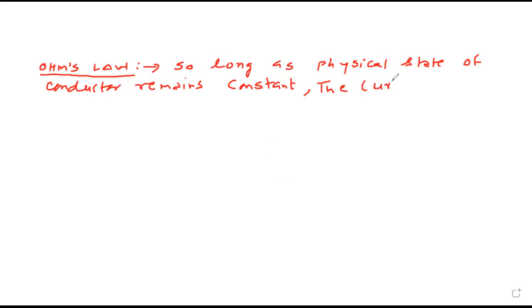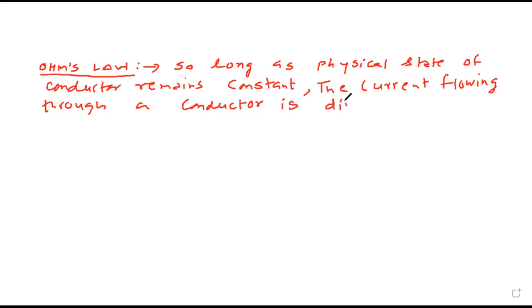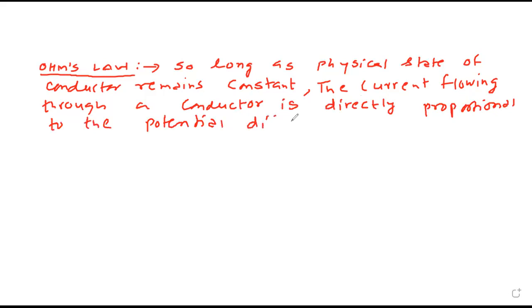the current flowing through a conductor is directly proportional to the potential difference maintained across the conductor.